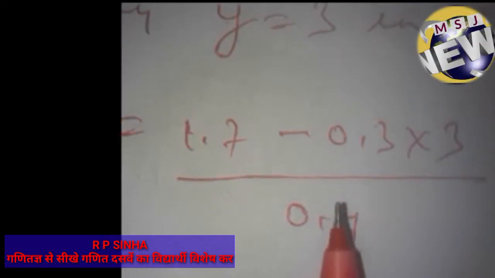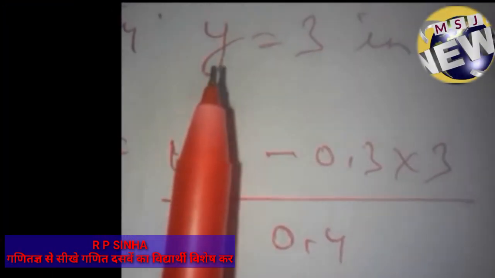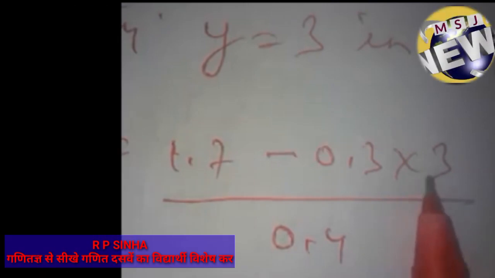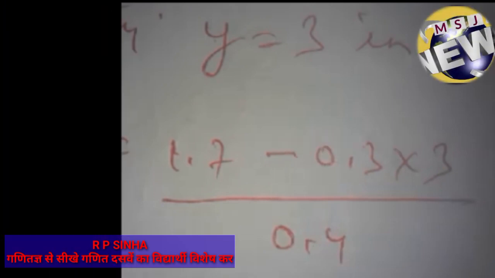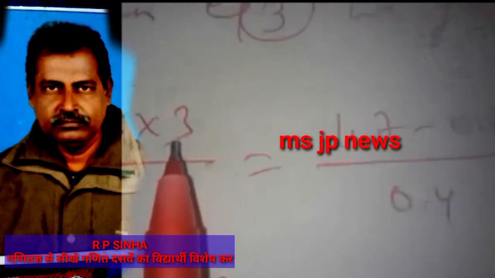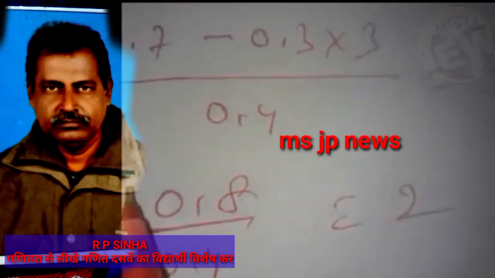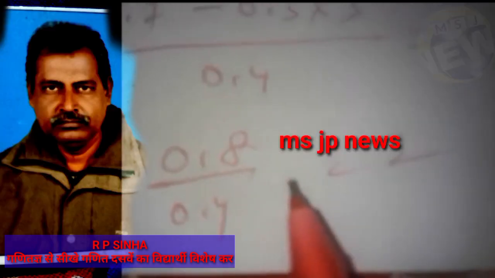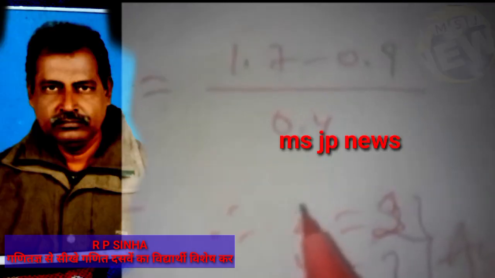Minus 0.3 into 3 is 0.9, and 1.7 minus 0.9 by 0.4 simplifies to 0.8 by 0.4, and by division we get 2. So the value of x is equal to 2 and y is equal to 3 by the substitution method.